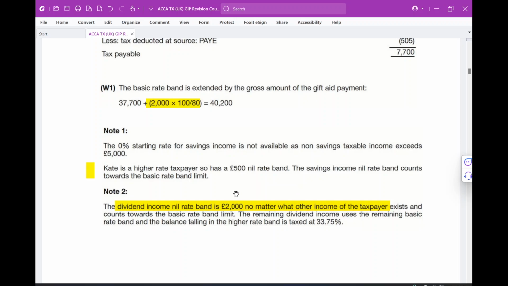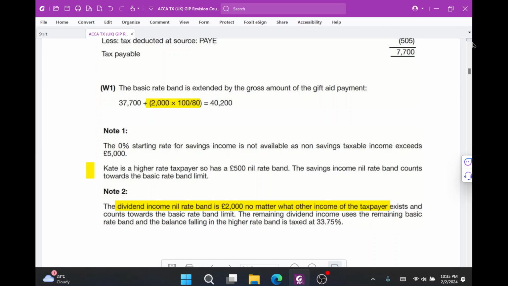So in effect, unlike above where we were dealing with savings income, we get up to 2,000 at a nil rate regardless of the taxpayer's other income. For me, that makes things quite easy to deal with. So let's see that in play.